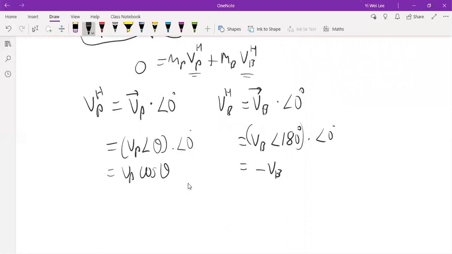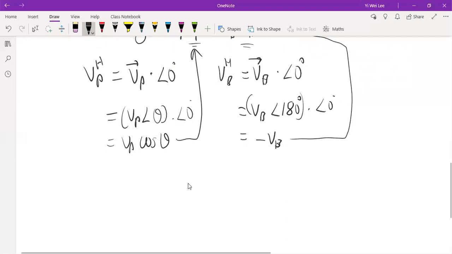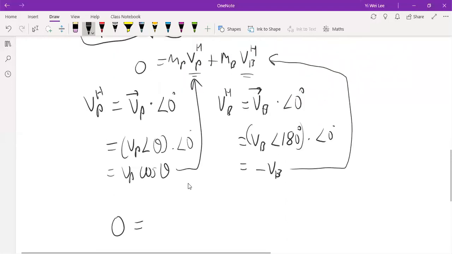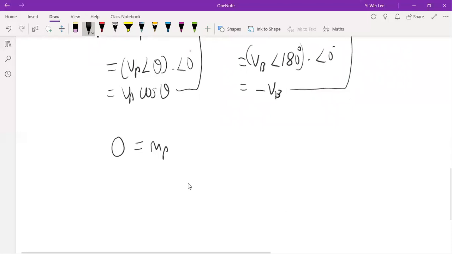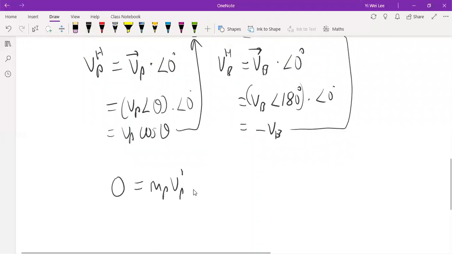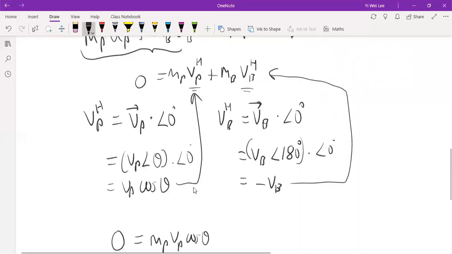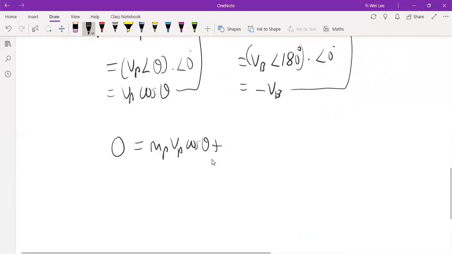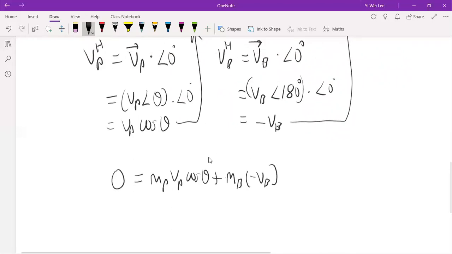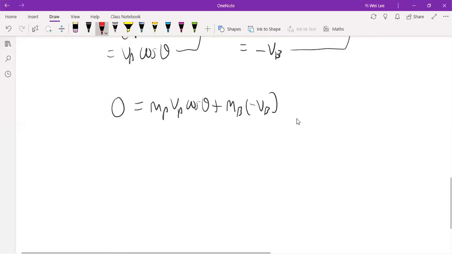So now let's substitute this in here, and this in here, and place this inside here. Eventually, we have our linear equation. We have 0 equals NP VPH. If you compile it, it goes NP VP cos theta, plus NB negative V. So this is our second equation.